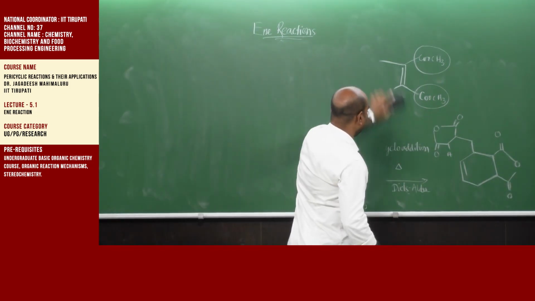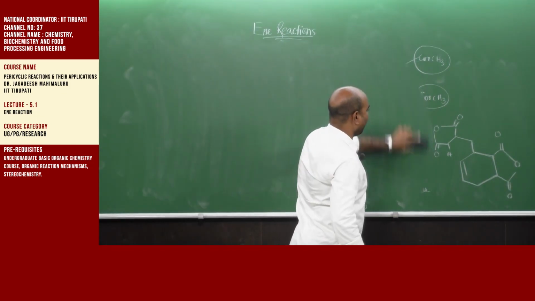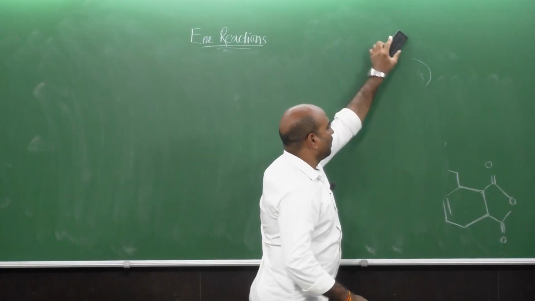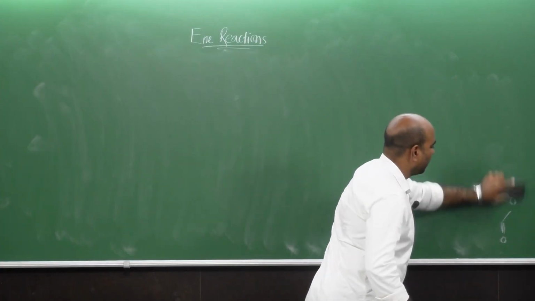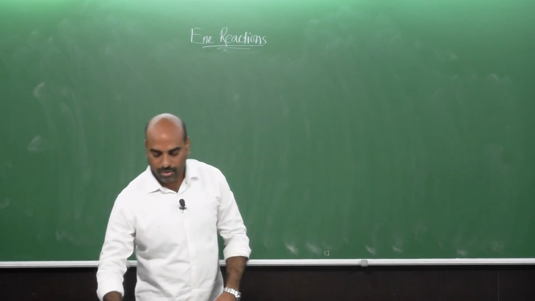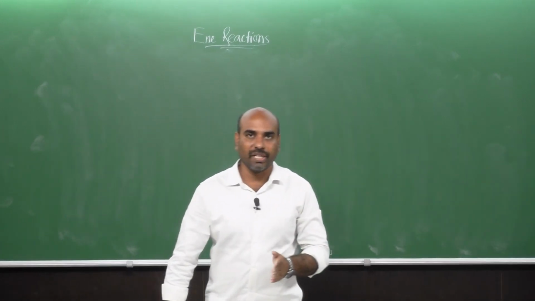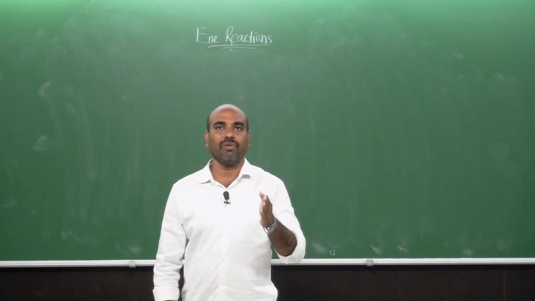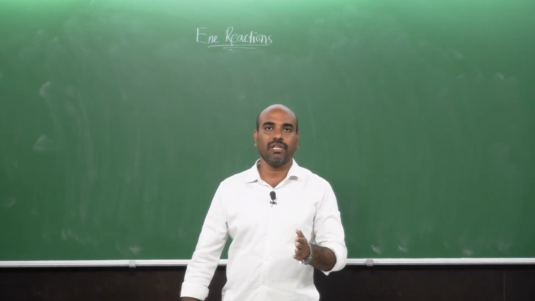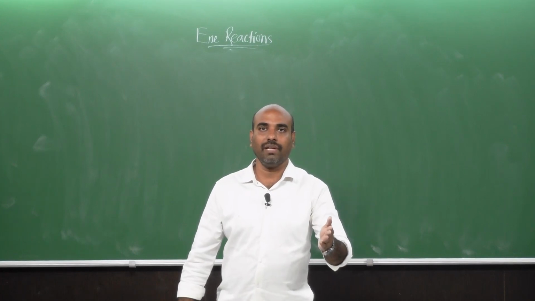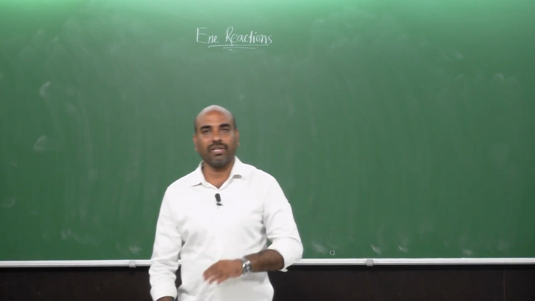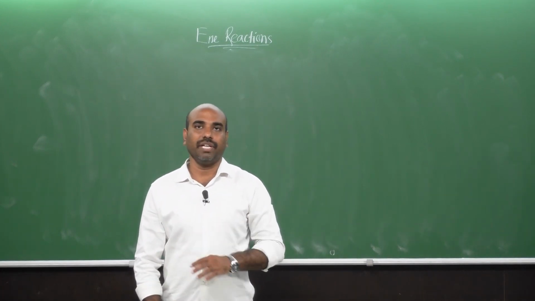So far we have seen only the all carbon ene reactions, and let us try with hetero-ene reaction now. So what do you mean by hetero-ene reaction? If the X double bond Y component, that is the enophile component, is having one or two hetero atoms which can directly involve in the ene reaction, therefore it is called the hetero-ene reaction.